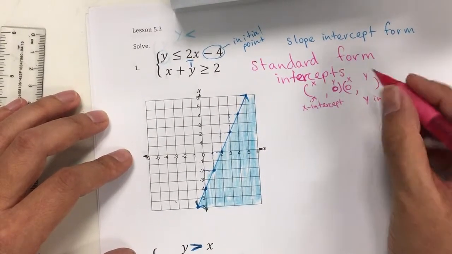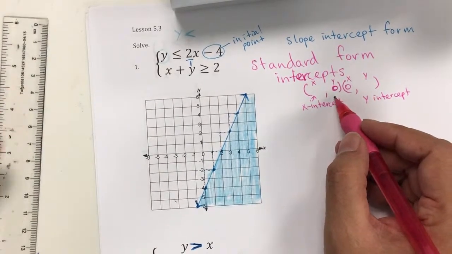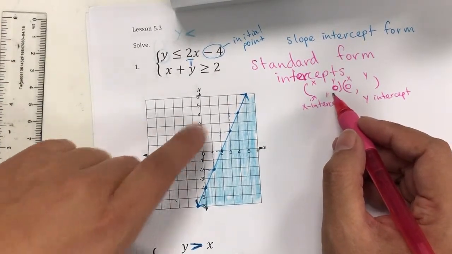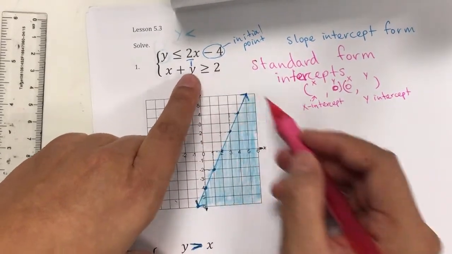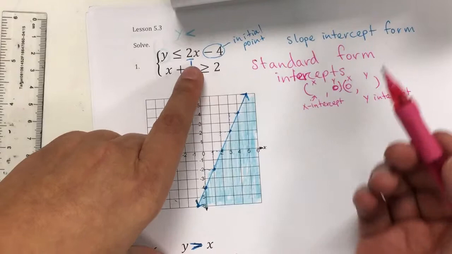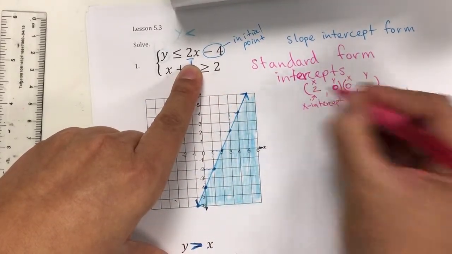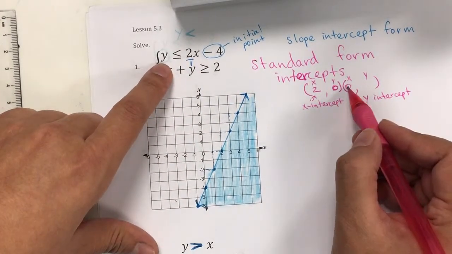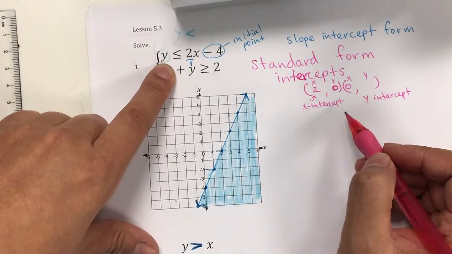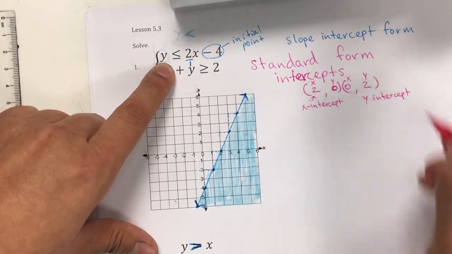For the x-intercept, y is 0. So the easy way to do it is, if I know that y is 0, this will disappear, right? Because x plus 0 is x. So x will be 2. And then when x is 0, I just cover x. And so y will be 2.